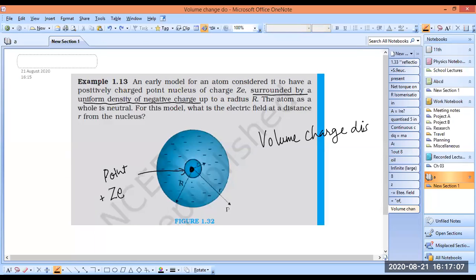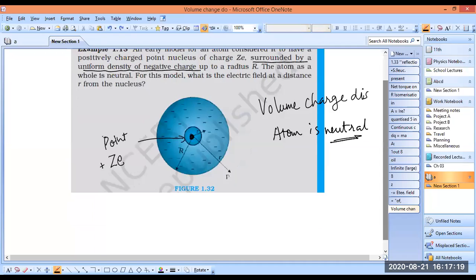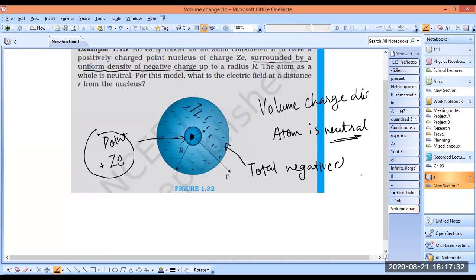The atom as a whole is neutral. I think you all know that from your chemistry lessons. So what that means is there is a point-like plus Ze charge, and the total charge spread out in this negative region is also minus Ze.